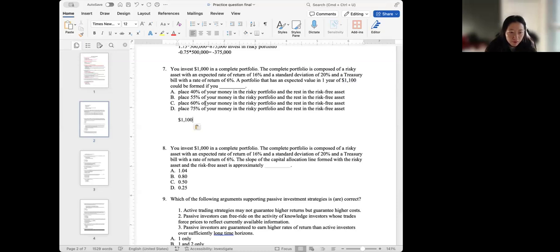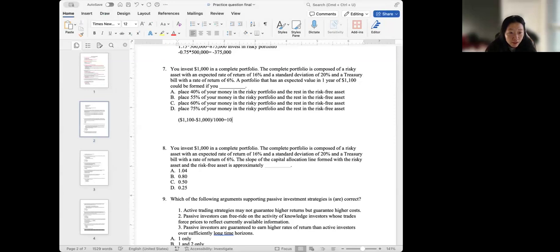So the portfolio has grown from 1,000 to 1,100. So that means the return is 10%, using 100 divided by 1,000.